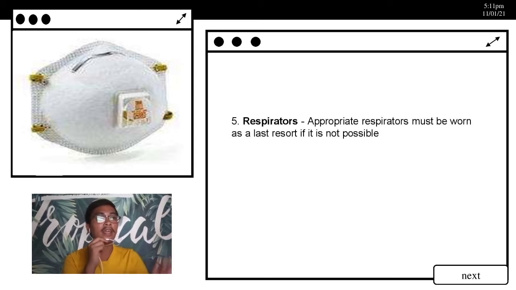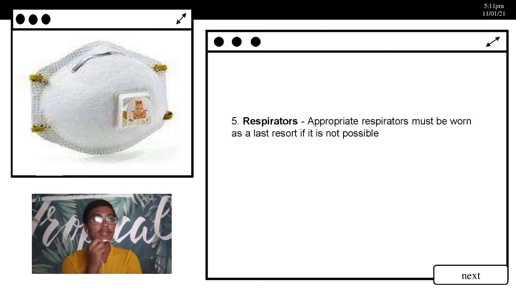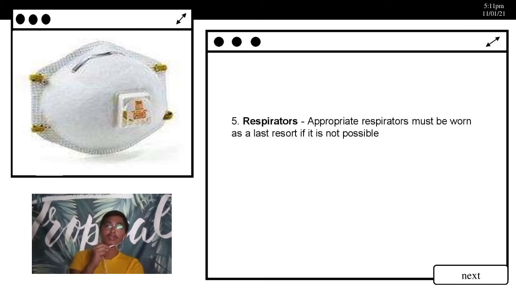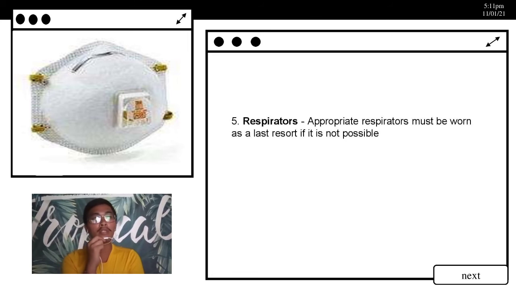So next is the N95 respirator. This protects against dust, fumes, mists, and microorganisms. This type of respirator must be worn after fit testing. So when are we going to use this?